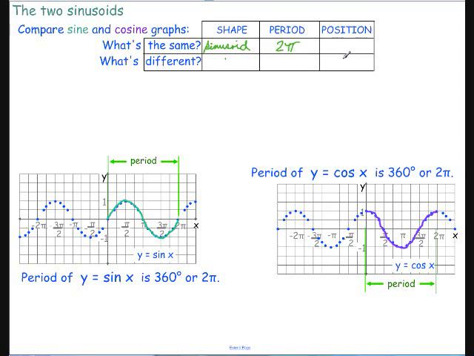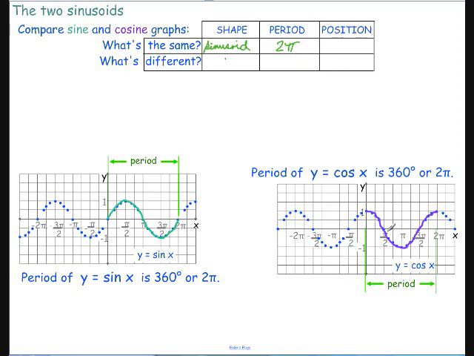What about their position? Well, there is a difference, isn't there? The cosine shape is shifted.